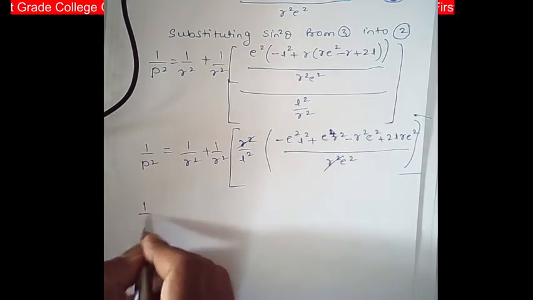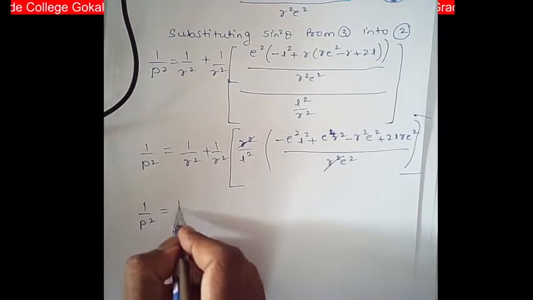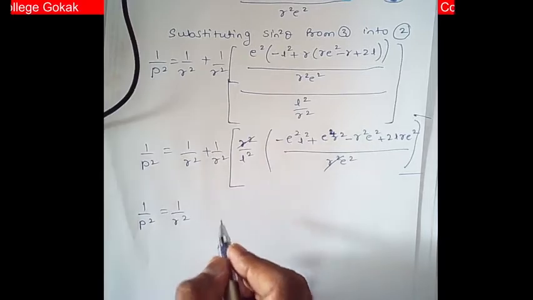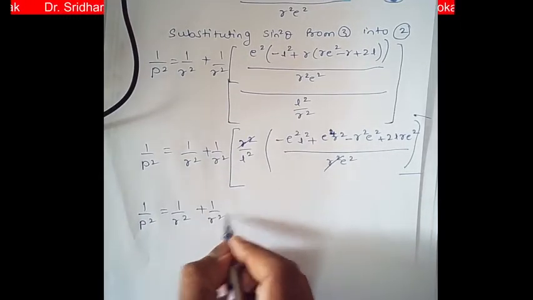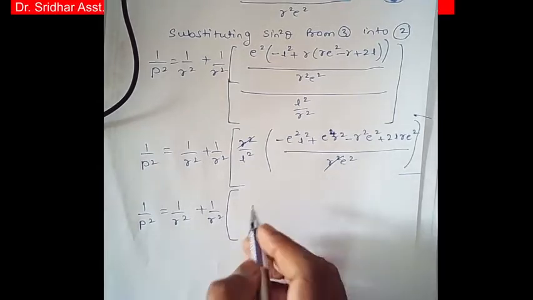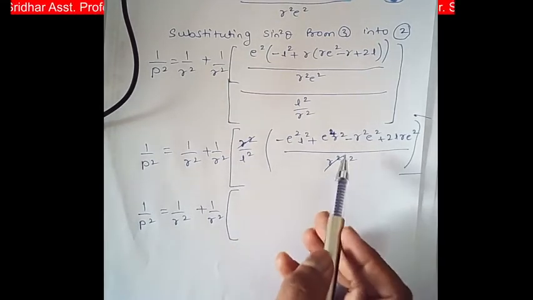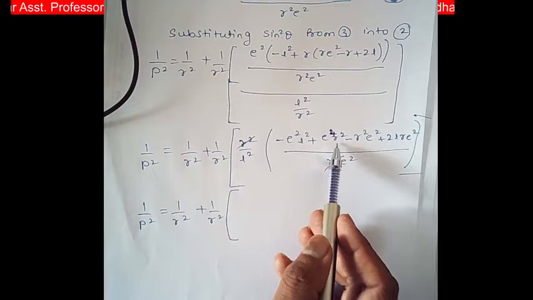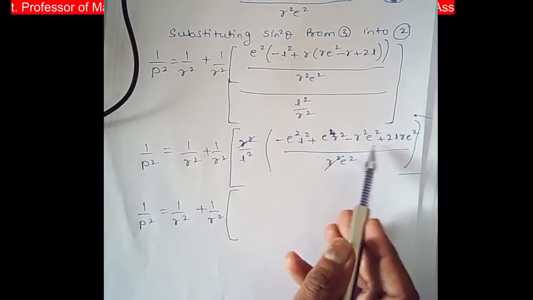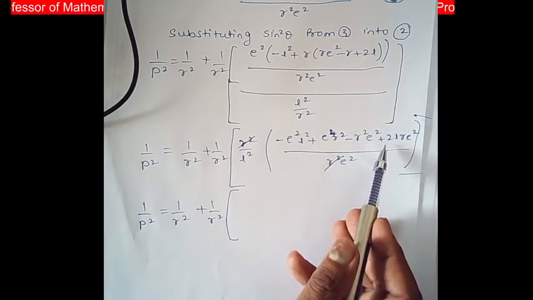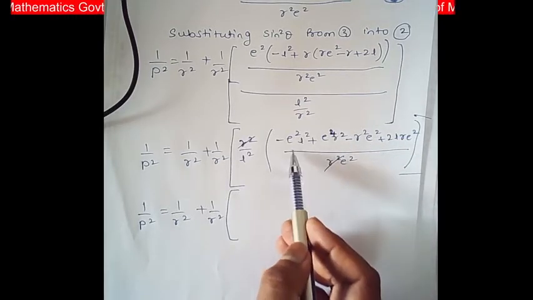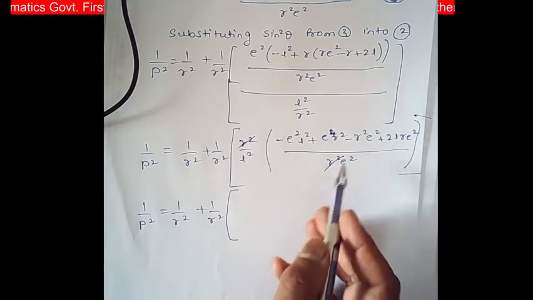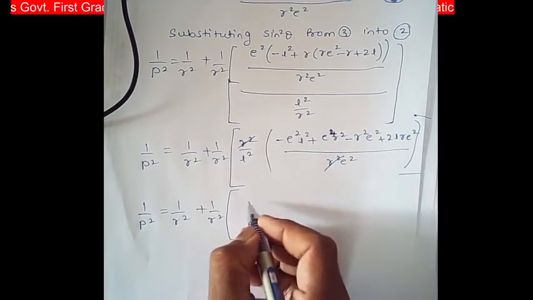So 1 by p square is equal to 1 by r square plus 1 by r square as it is. Next we simplify this: e raised to 4 r square minus r square e square plus 2lr e square. In all the terms e square is common, so I take e square common.